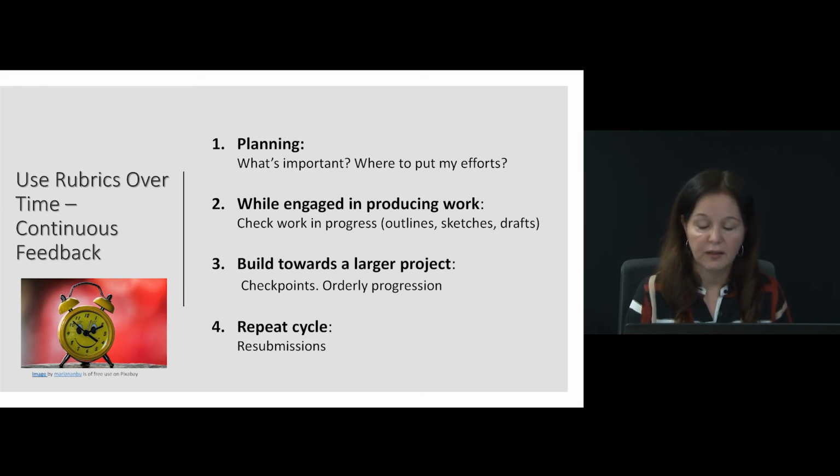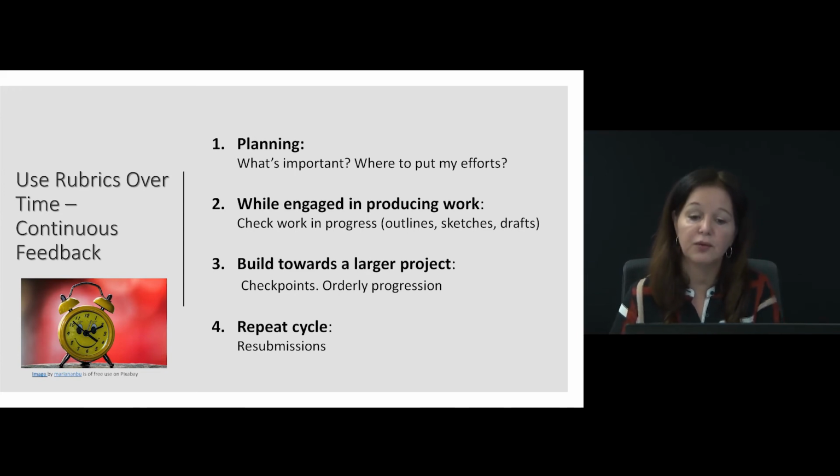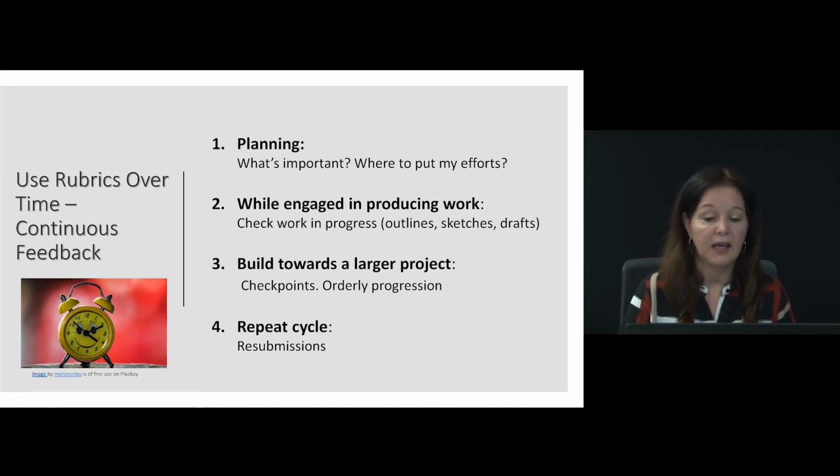When you have a project like a capstone project, you can always have checkpoints and use the rubric to show your students the progression from one point of the assignment to the end. And always repeating the cycle, using the rubric and allowing resubmissions.